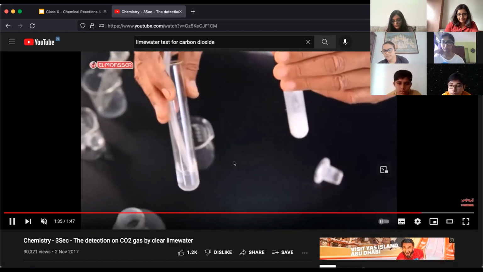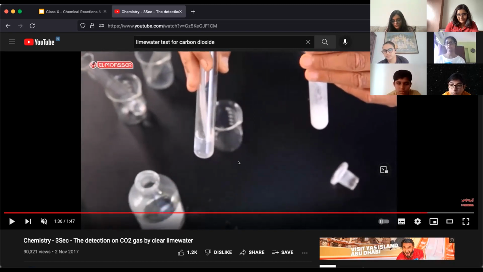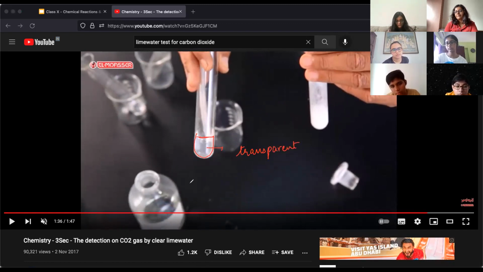It's becoming transparent. What is happening here? Becoming transparent. It became transparent again. Yes. Why did this happen? It's not reversed, because carbon dioxide has been passing through it continuously.